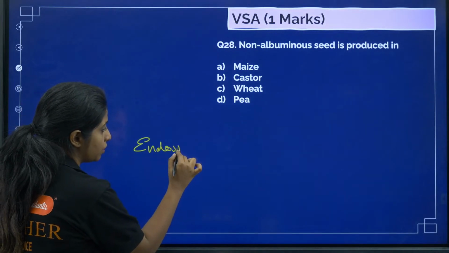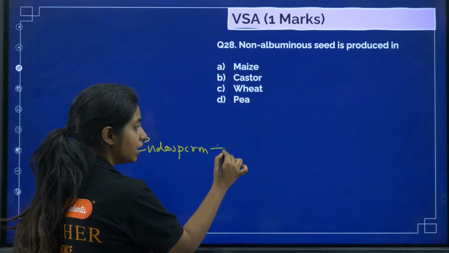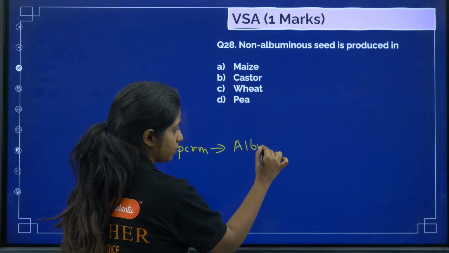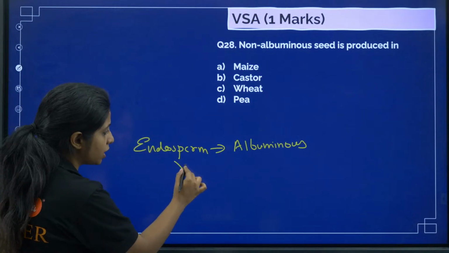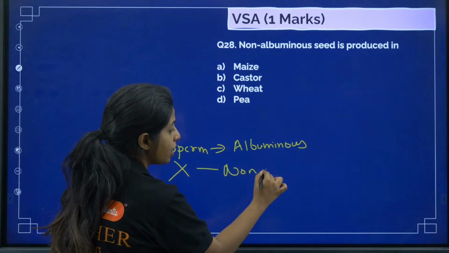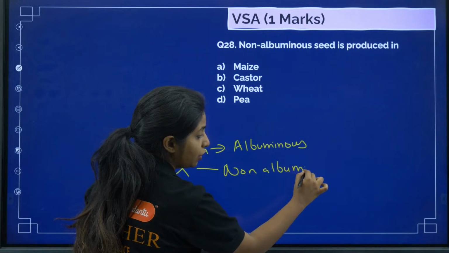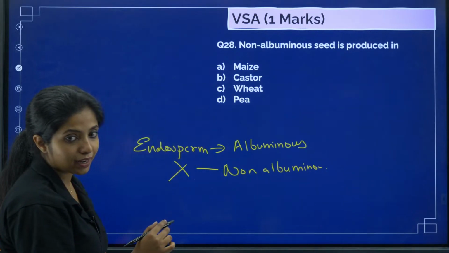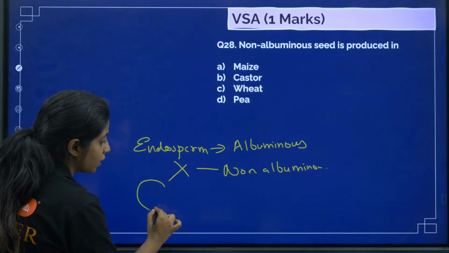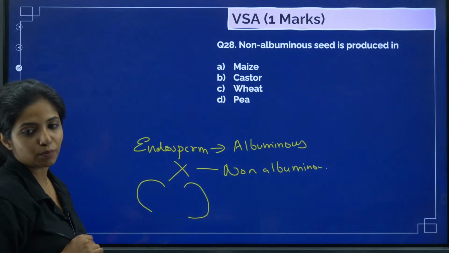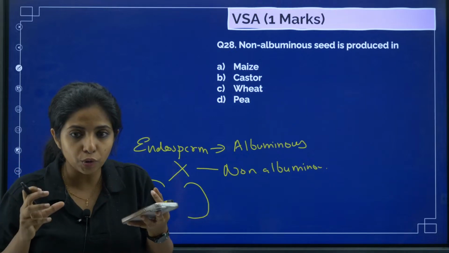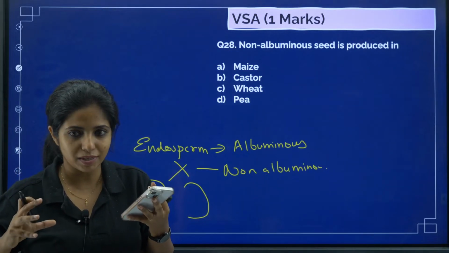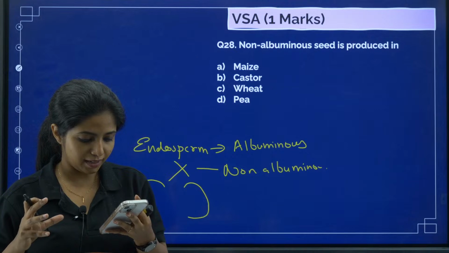Where the endosperm is still left, you call them albuminous. Where the endosperm is not at all left, you call it non-albuminous. If endosperm is not there, that means they are forming two cotyledons, my dear children. So in whichever plant you can divide the seed into two, they are all non-albuminous.